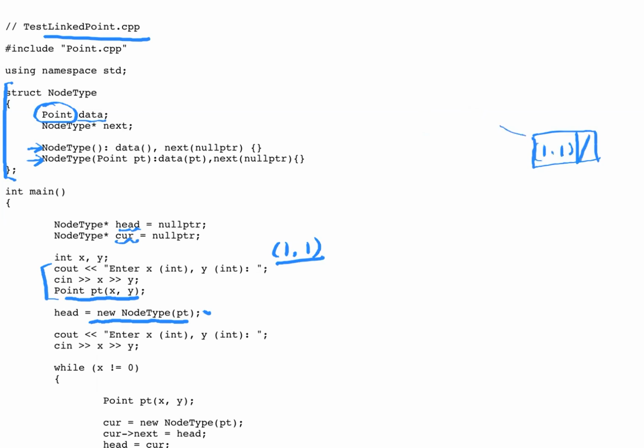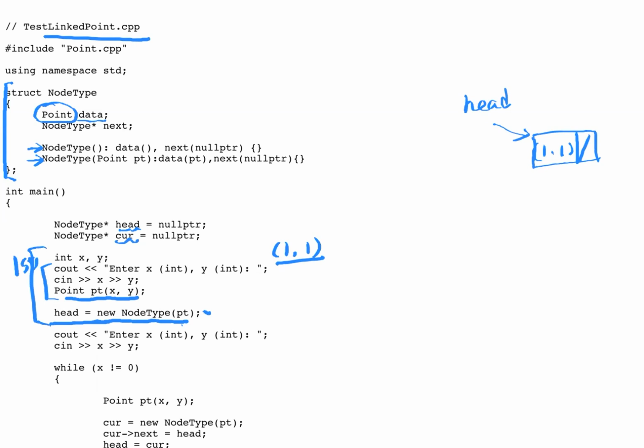And the head points to this new node. So the head equal to new node type point, the PT. We create this new node, head points to this new node. This is the first node. This is the special case.